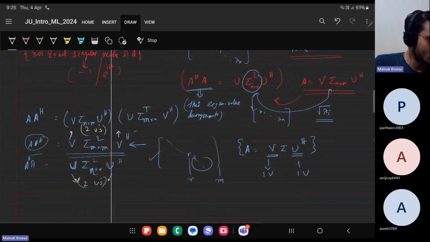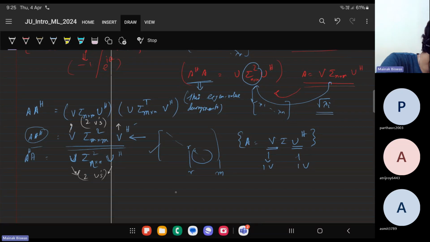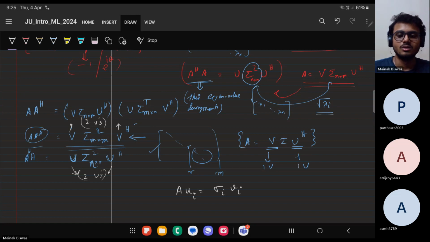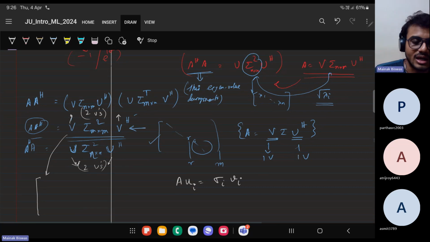So when I do the eigenvalue decomposition, I will get a fixed set of V's, which will be orthogonal. That is not a problem. But there will be a problem because I have to equate them to A v_i equal to sigma_i u_i. Just understand what I am saying.